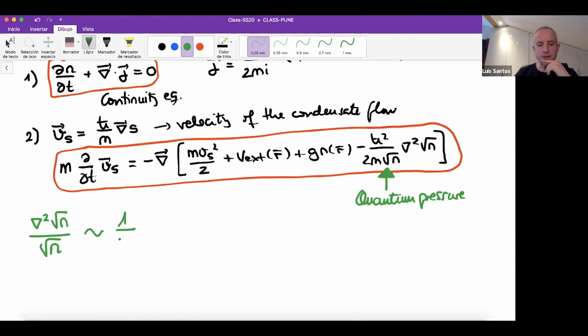This term is of the order of the inverse square of the typical length characterizing the density variation. So if my density is varying, if it has some given length scale at which this variation is significant, which I will call R, this R is the typical length characterizing density variations.